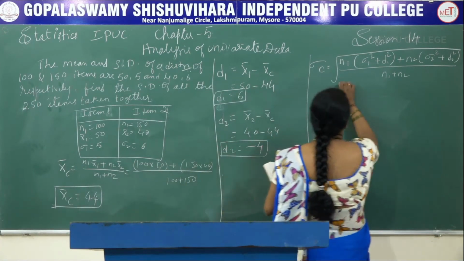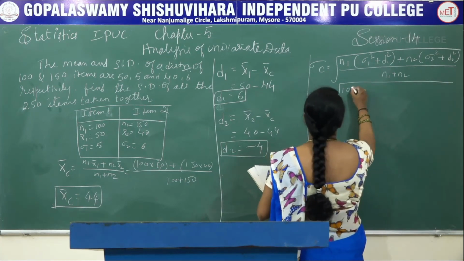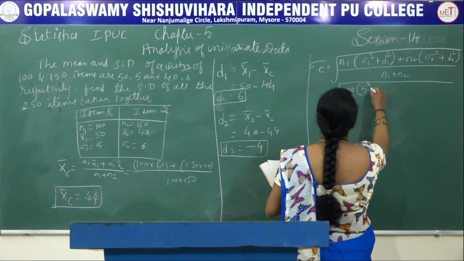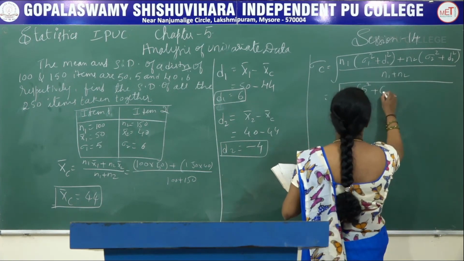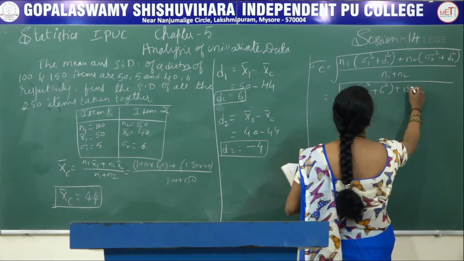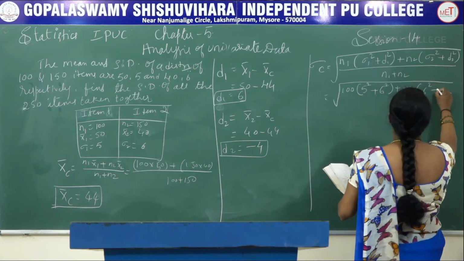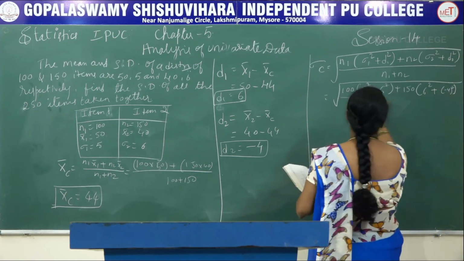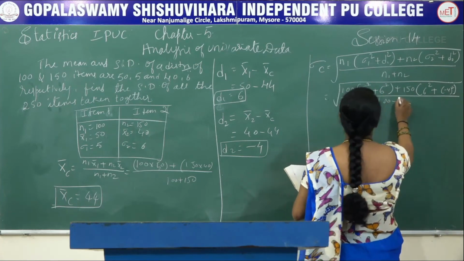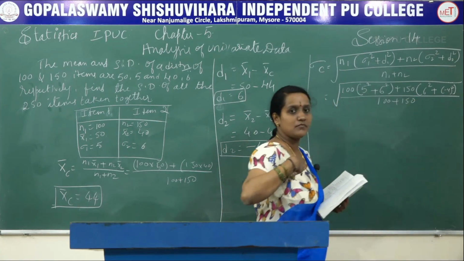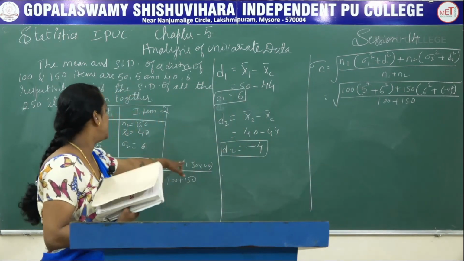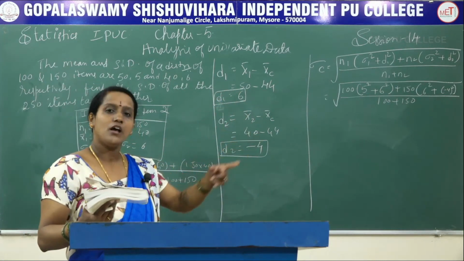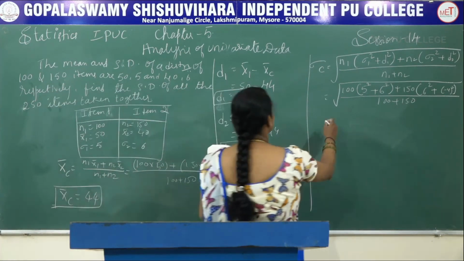Here this is square root of N1 is 100, sigma 1 is 5, so here we want square, so 5 square, D1 is equal to 6, 6 square, plus 150 into (sigma 2 square) plus (minus 4) whole square, divided by 100 plus 150. Here D1, D2 and sigma 1, sigma 2 we have squared the values. Okay, so simplify this.